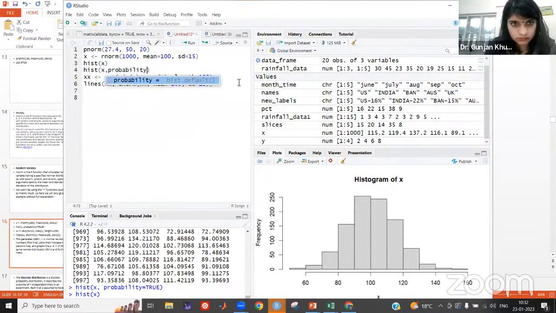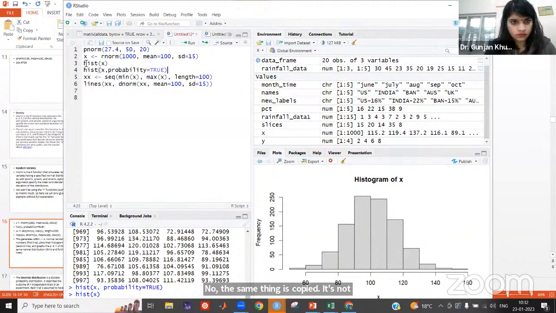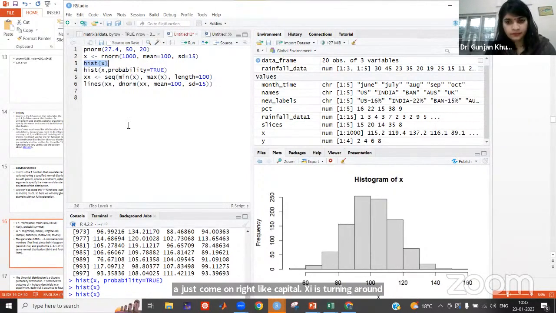Now also the same thing is copied. Hist x is coming in the console. Are you writing capital HIST? No, HIST, all small. And nothing is appearing on the plot section.